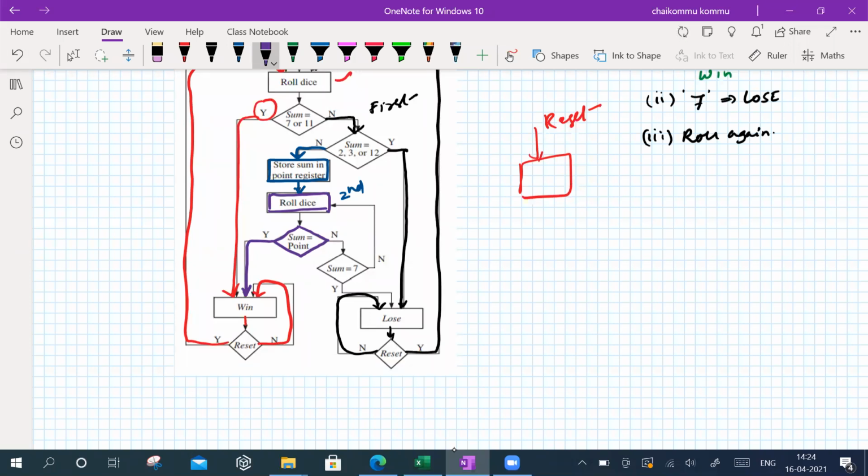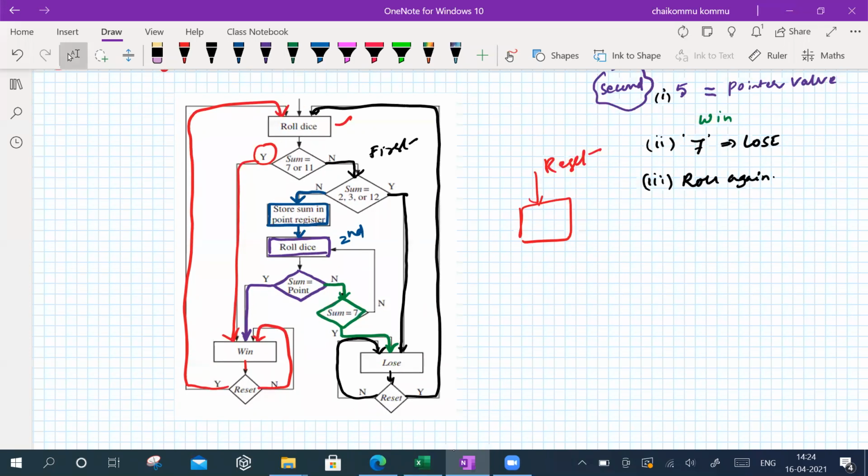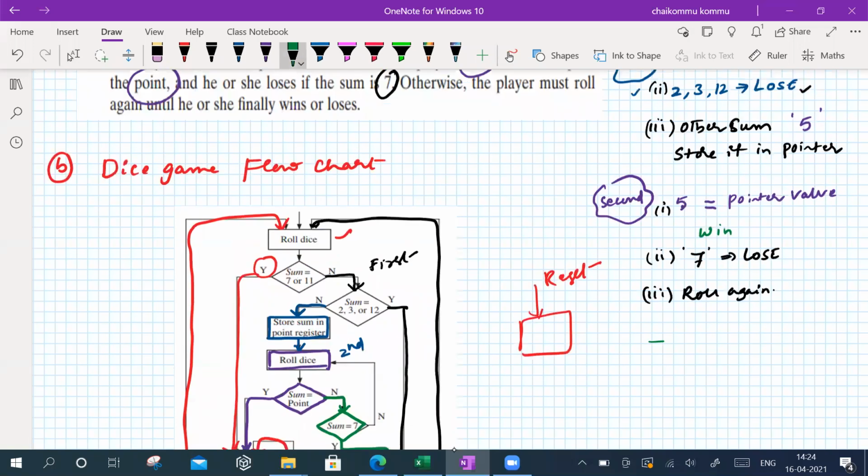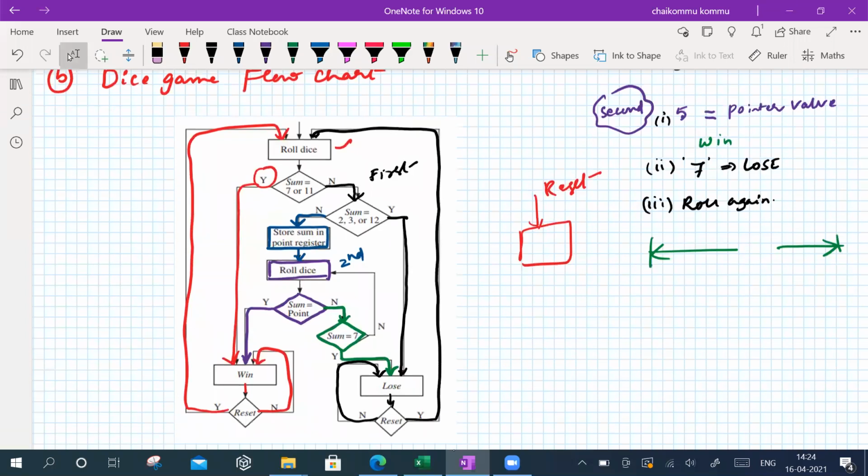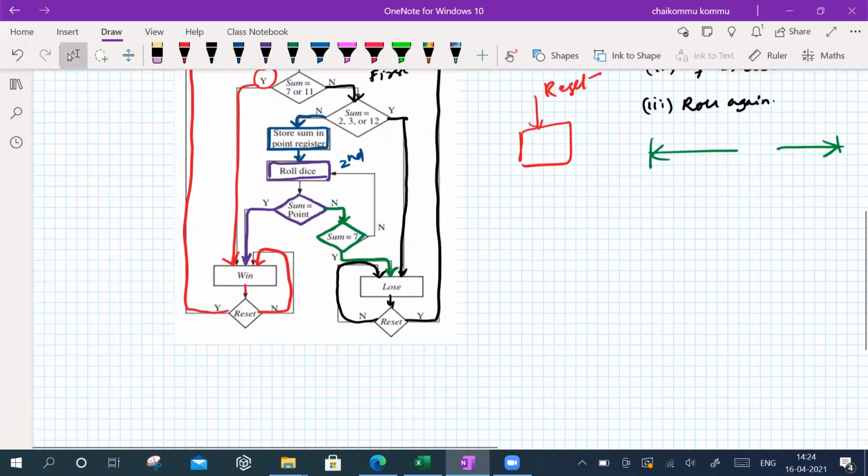Otherwise, if the sum value is equal to 7, for example, you lose the game. That's it. The discussion that I have done here, we have written in the form of a flowchart. Clear? Fine. Next.